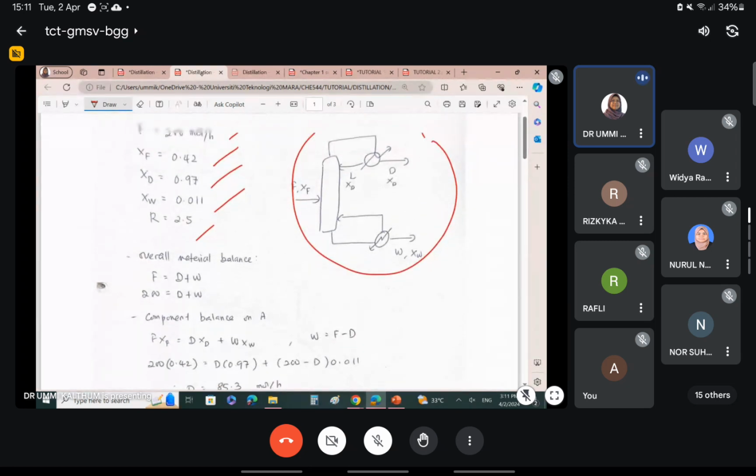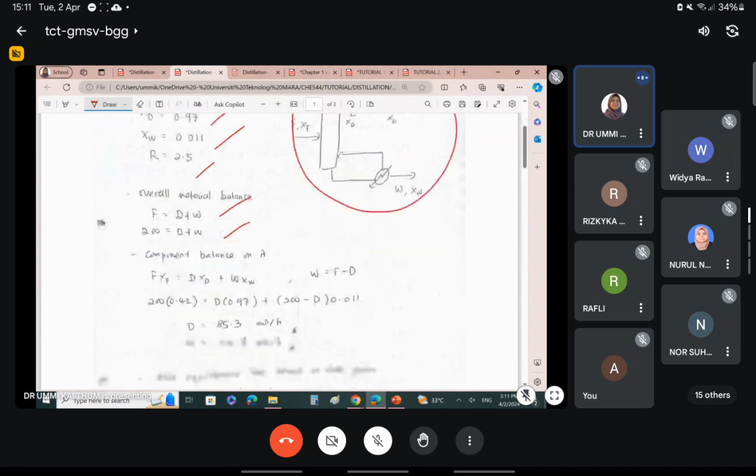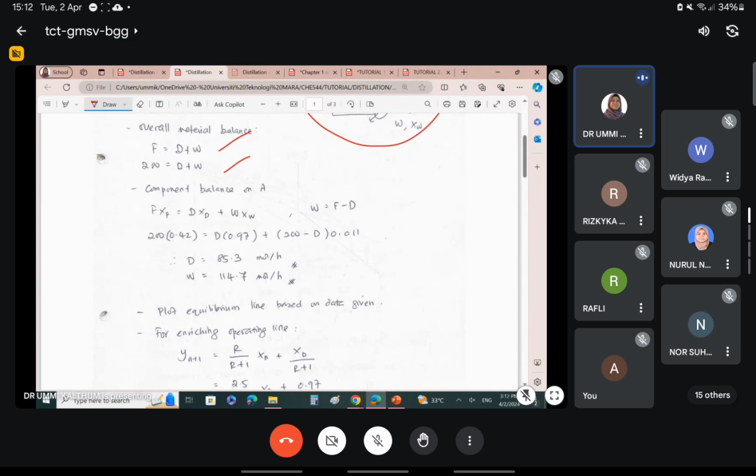F is equal to D plus W, and F is 200. Then make a balance on component A: F XF equals D XD plus W XW. Key in all the values given, and finally you will get the amount of distillate and the amount of bottoms. You must calculate D and W.